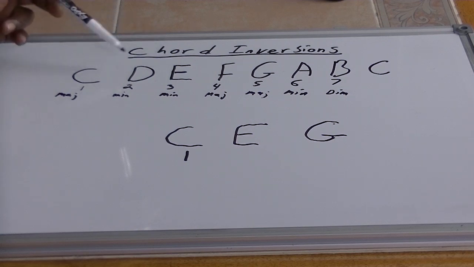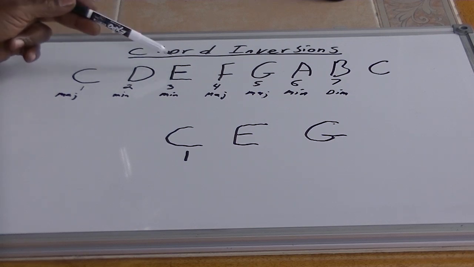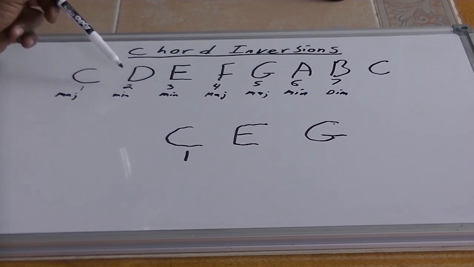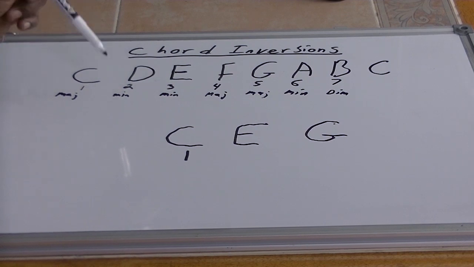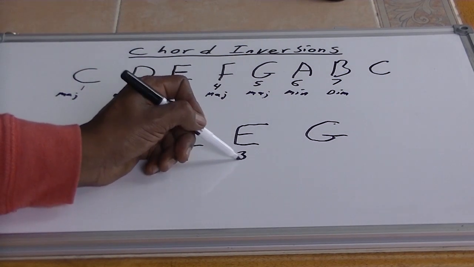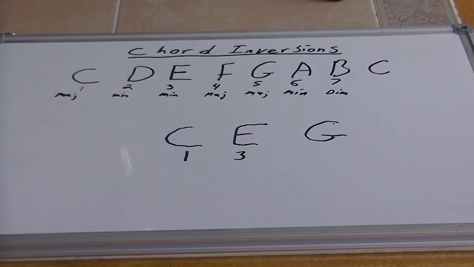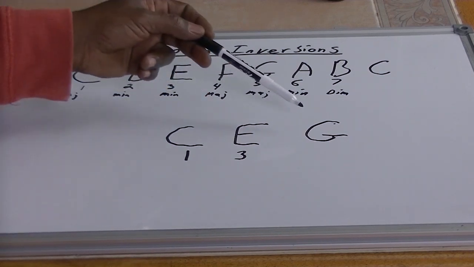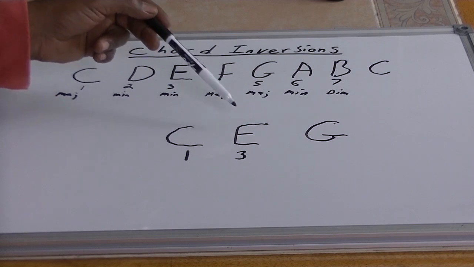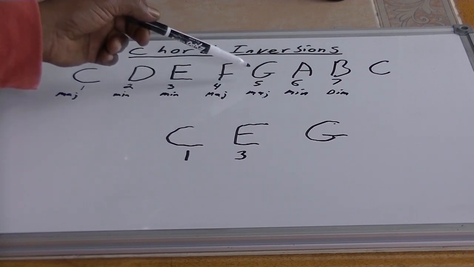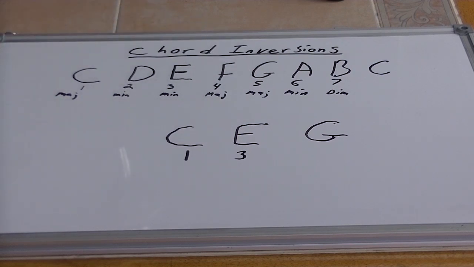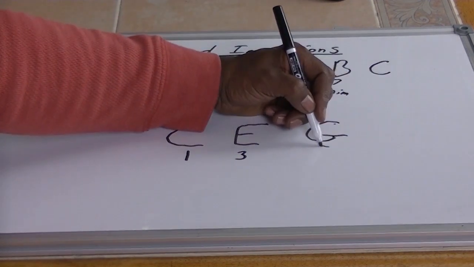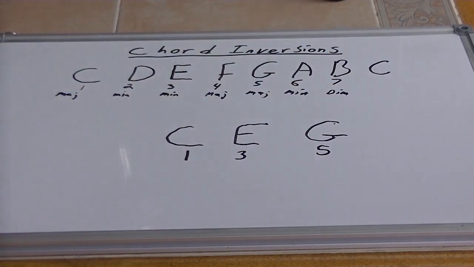The E note is higher in pitch than the C note. The C is the root note, and the E is higher in pitch than the root note. It's also the third note of the scale, so I'm going to put a 3 there. Finally, we have the G note, which is higher in pitch than either the C or the E. Because G is the 5th note of the scale, I'm going to write the number 5 in here.